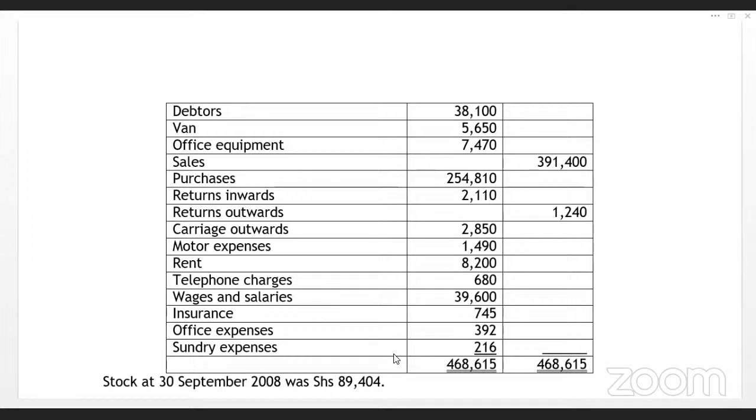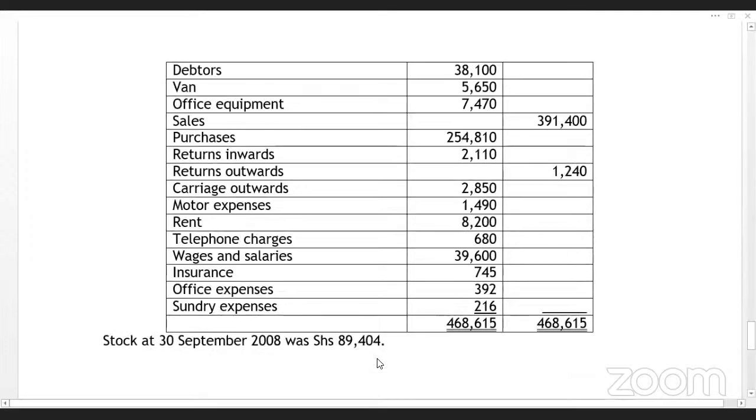Sundry expenses 216. And then I think these are totals, 468,615. Stock at 30th September 2008 was shillings 89,404.